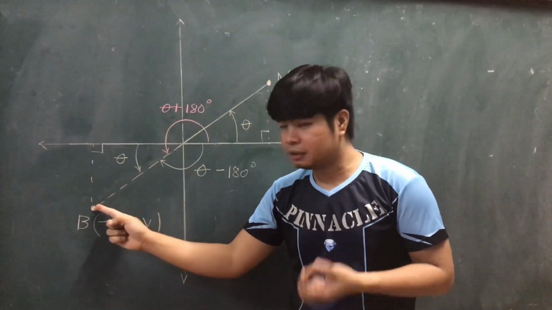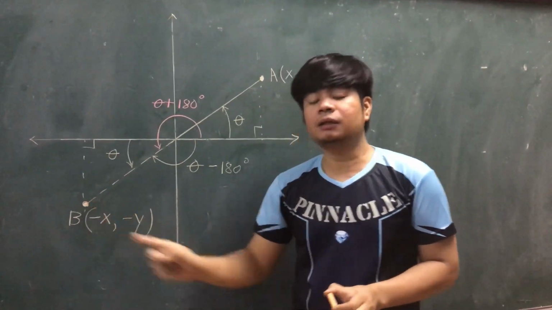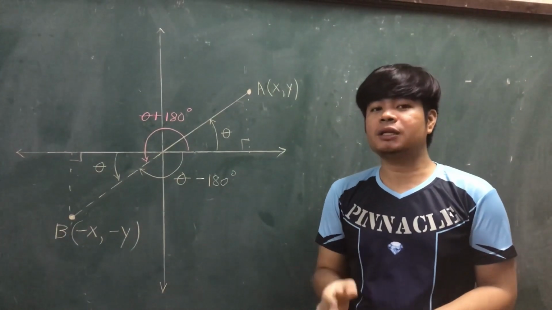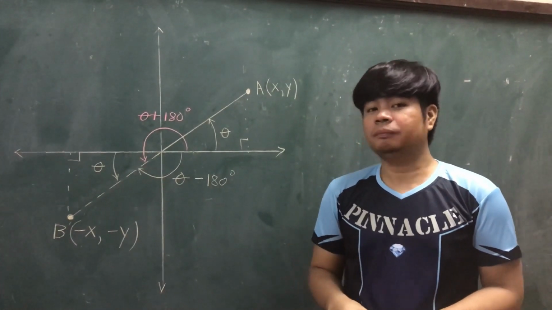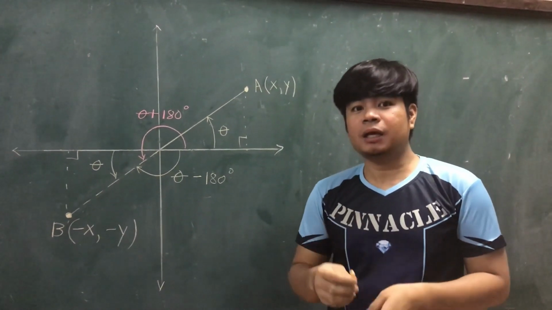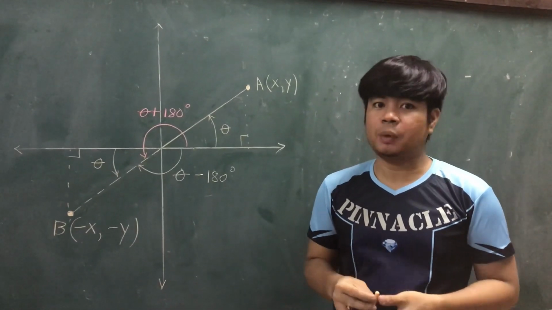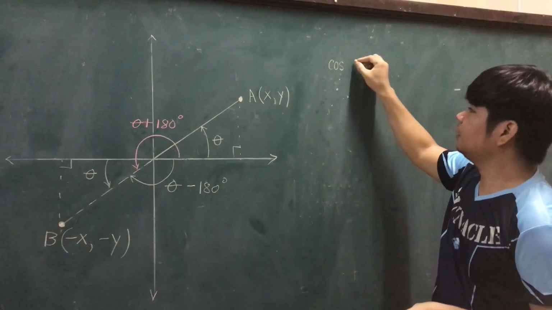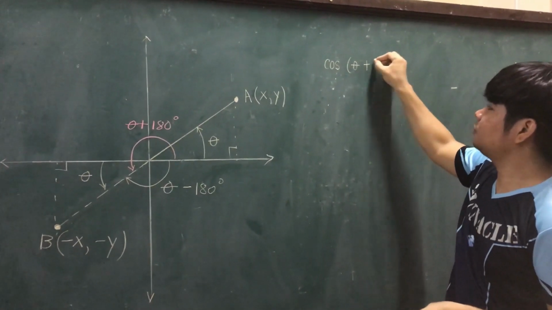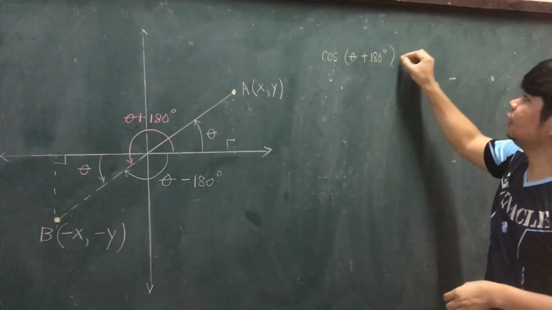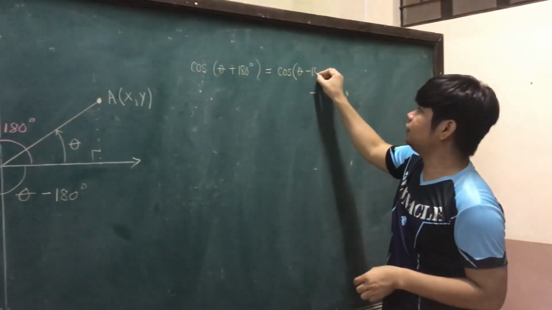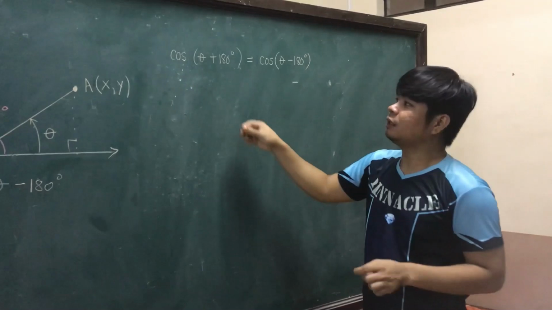Now, observe that theta plus 180 degrees and theta minus 180 degrees are coterminal angles. They share the same terminal side. Based on the definition of coterminal angles and in relation to the coordinates on the unit circle, they also have the same coordinates. So cosine of theta plus 180 degrees is equal to cosine of theta minus 180 degrees.